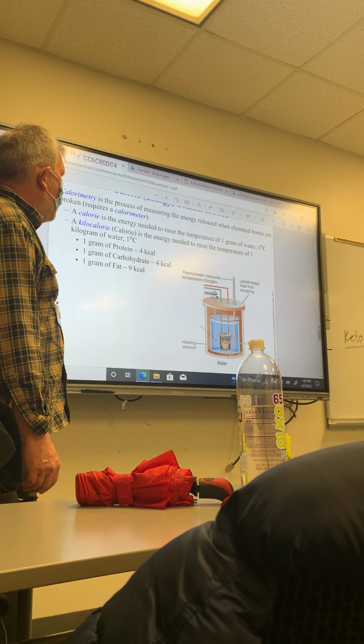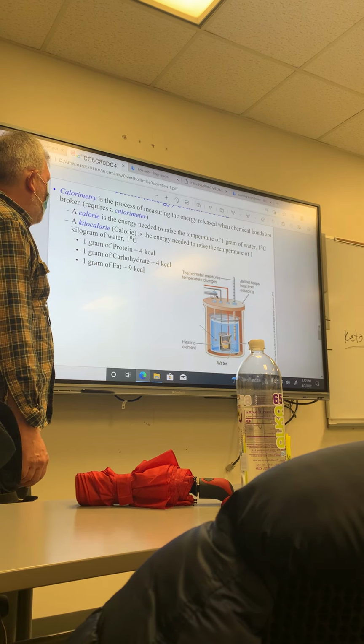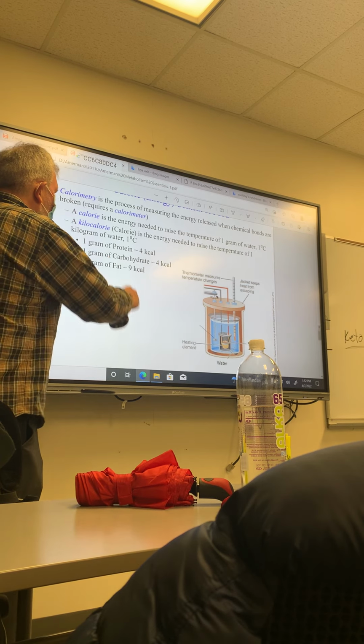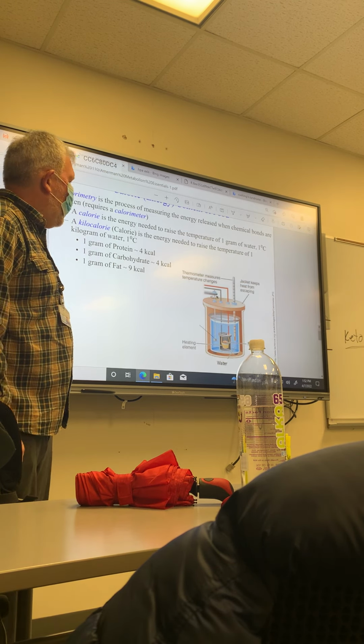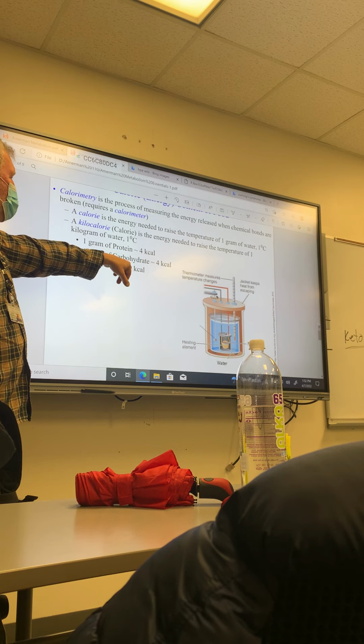So notice here the different calories in different foods. Proteins, carbs, fats. We want to really focus on the difference between fats and carbs. Why is there so much difference in the calories between carbs and fats?